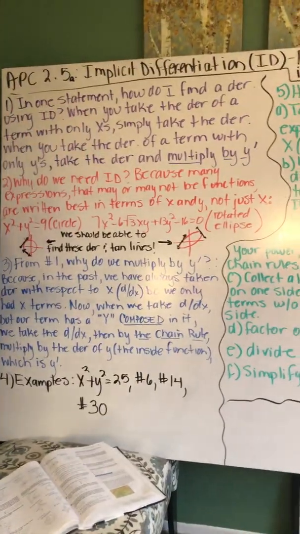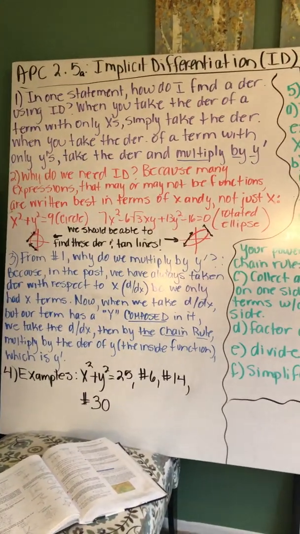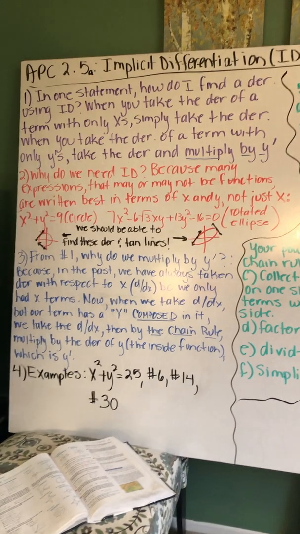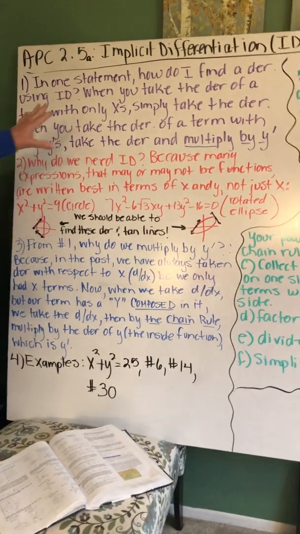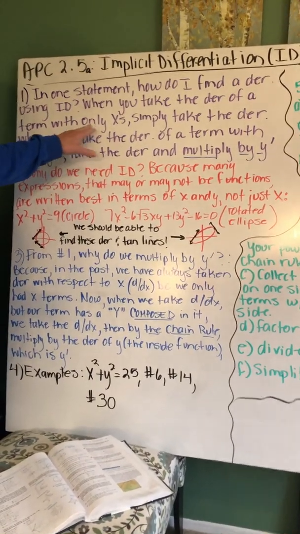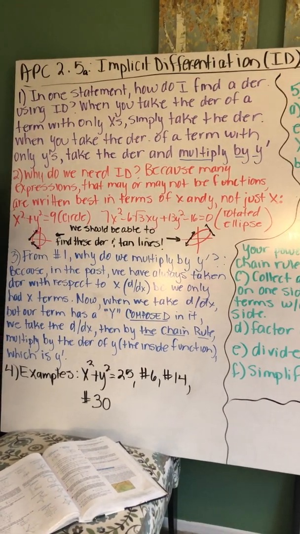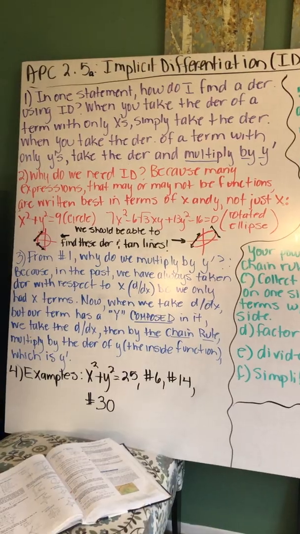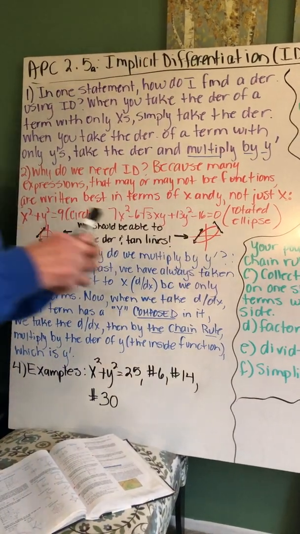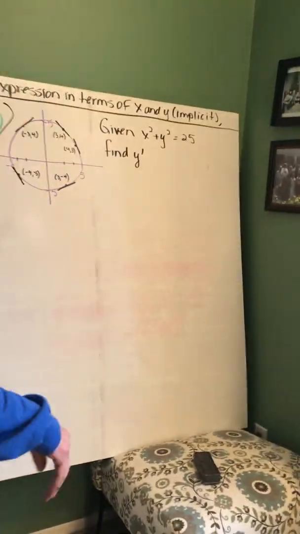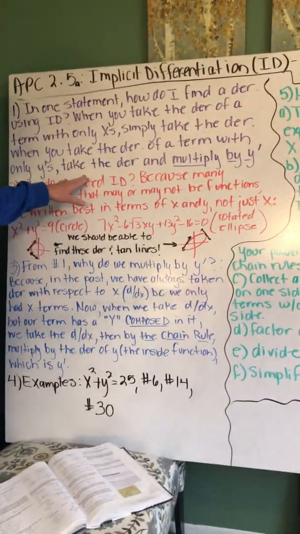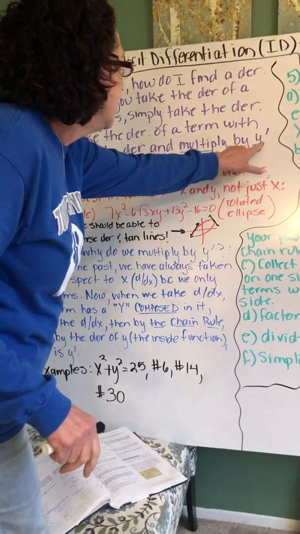So, number one, basically here's what's going on. In one statement, how do I find a derivative using implicit differentiation? Here's what you do. When you take the derivative of a term with only x's, you simply take the derivative. When you take the derivative of a term with only y's in it, for instance, right here, when I take the derivative of y squared, you take the derivative, as you always would, using your y's, and then you multiply by y prime.